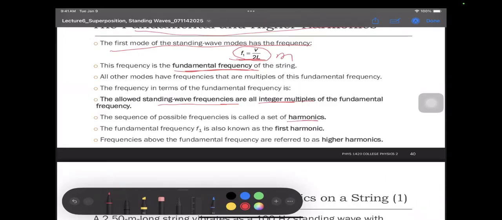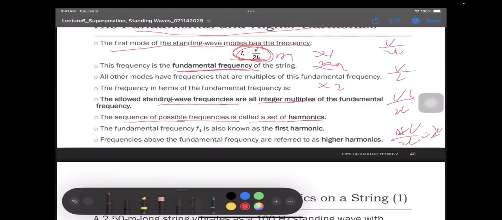What are harmonics? Based on this frequency, multiple 1, multiple 2, multiple 3: the first is v divided by 2L, the next is 2v divided by 2L, actually v over L, and so on. Just like this, it is called a set of harmonics.